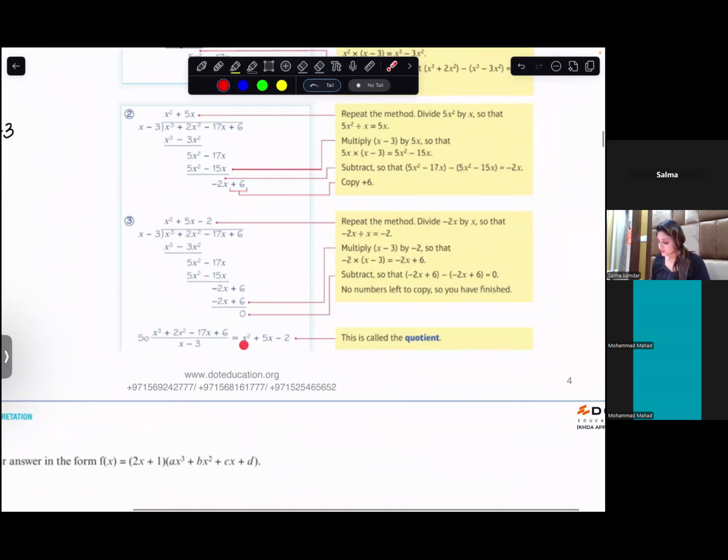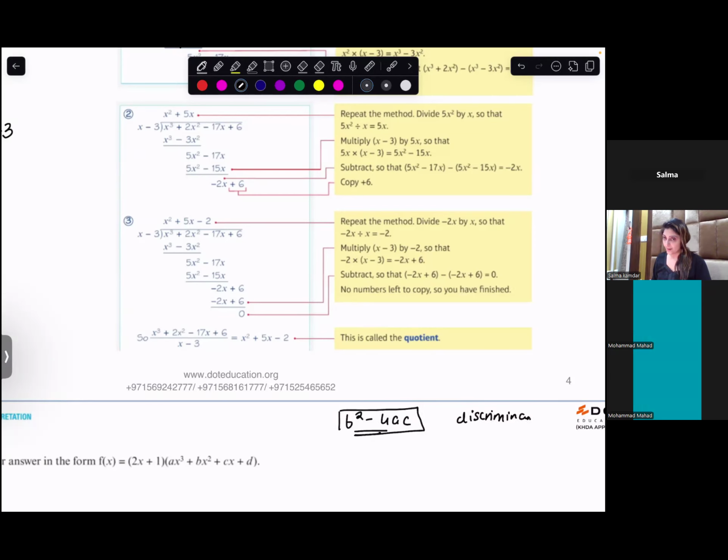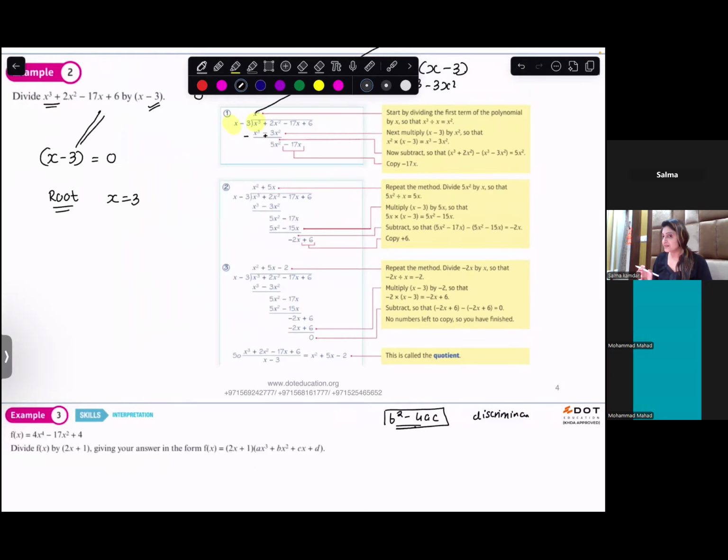Okay, when I solve this and I find b square minus 4ac, this is called the discriminant. Having a discriminant equal to 0, greater than 0 or less than 0 tells us something.